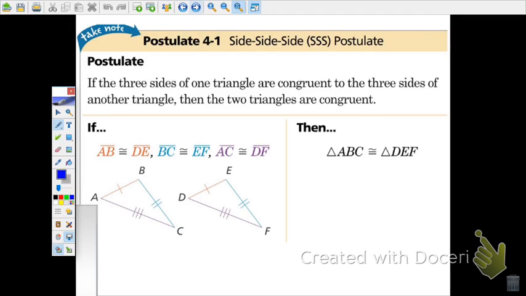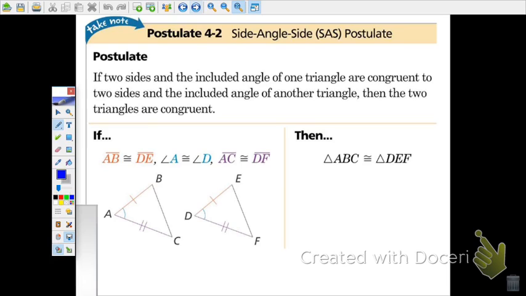If we know all 3 pairs of sides are congruent, whether they tell us that or we know it somehow, we don't have to worry about the angles. That is enough to say that those triangles are congruent. So that's the side, side, side postulate.